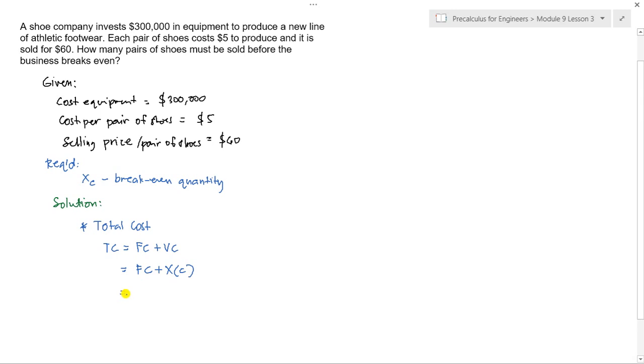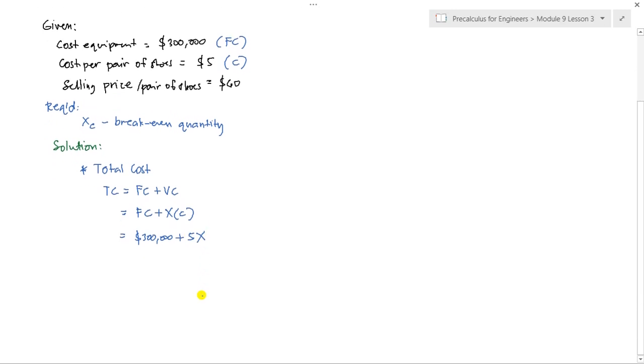Since we already have the givens, the cost of equipment is our fixed cost, the initial cost, and the cost per pair of shoes is our cost per pair. Substituting in our equation for total cost, this is $300,000 plus the cost per pair of shoes, $5 times X. So that is 300,000 plus 5x.